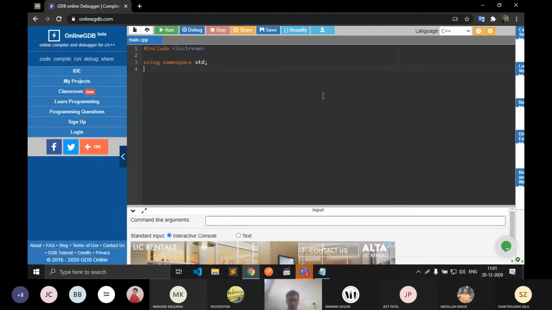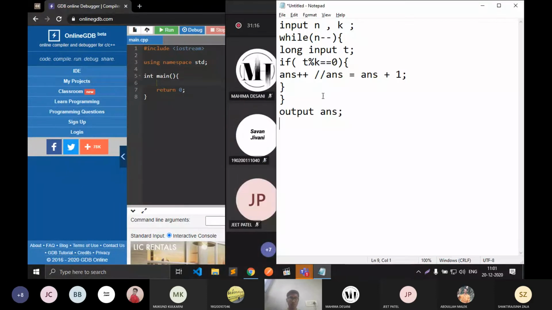Next is int main. This is the main function for it. Okay, done. Next, I have to return 0 at last because it returns an integer. Next, my code here.